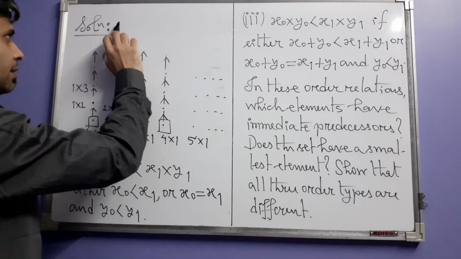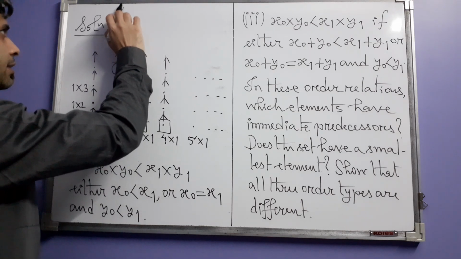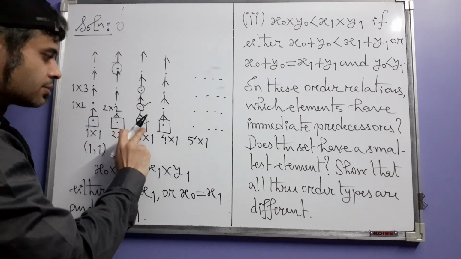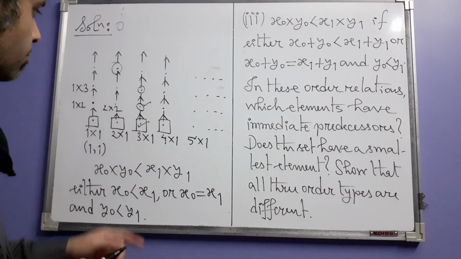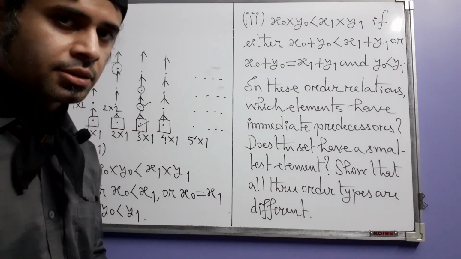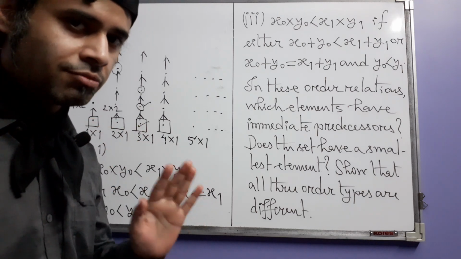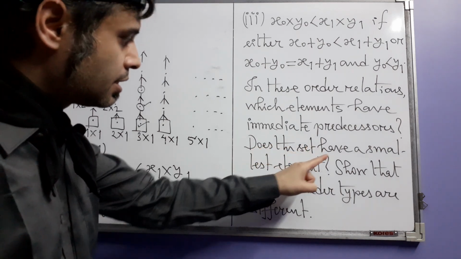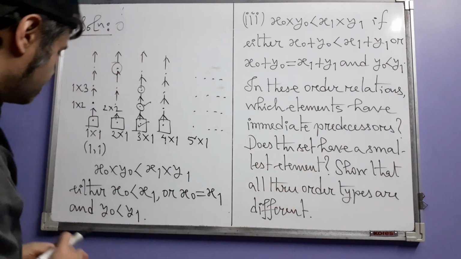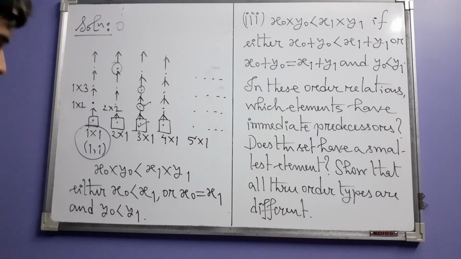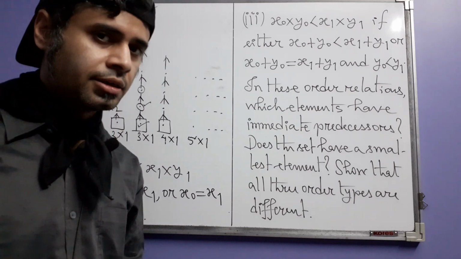You choose anything higher, there is still another higher one which is less than your chosen one and is still less than this. So these special elements do not have immediate predecessors. Okay, so we have identified that fact. What else can we say? Does the set have a smallest element? Yes. This is the smallest element. The element where the order has started.